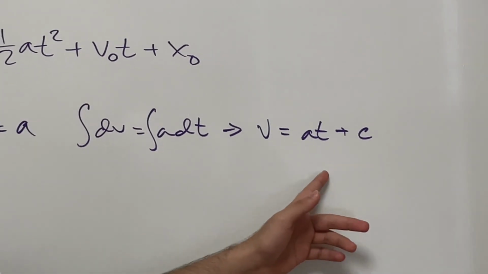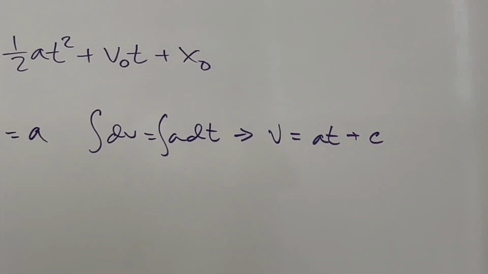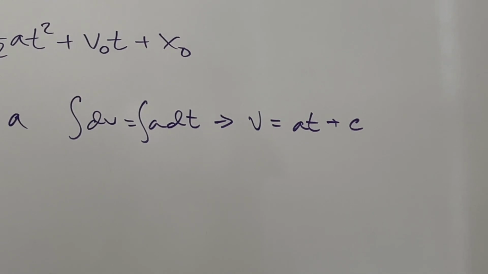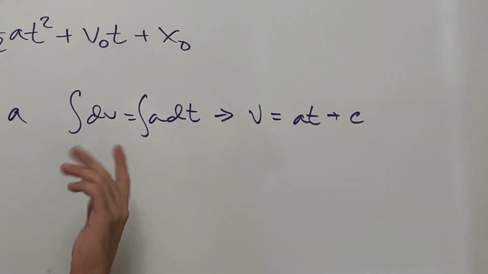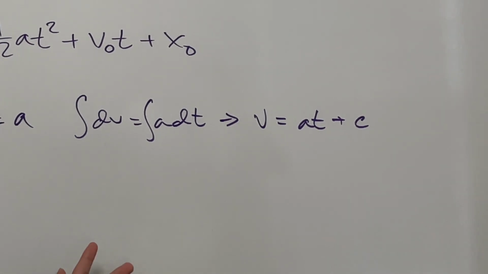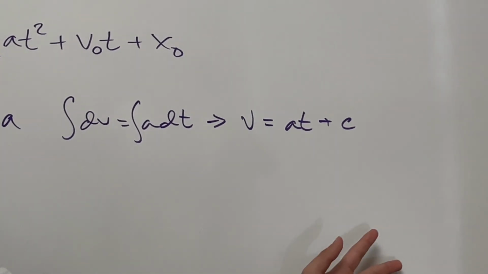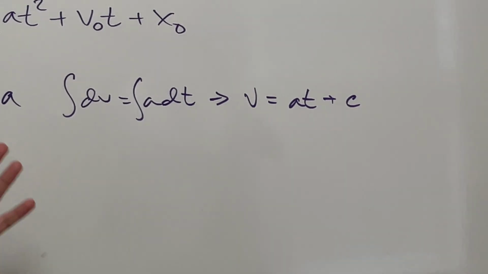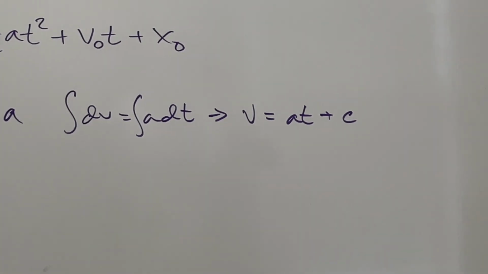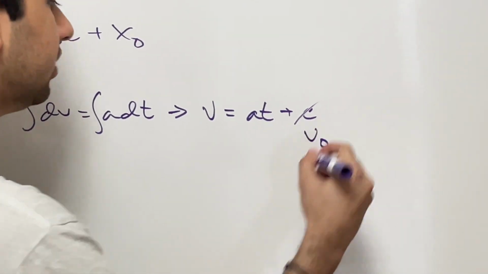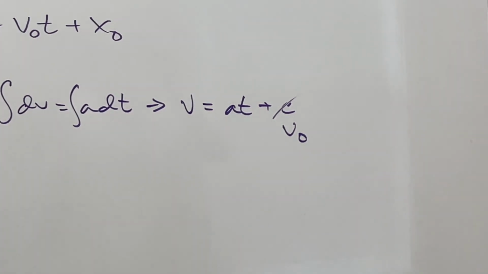When t is equal to 0, no acceleration has happened, and the object is still going at the velocity it was going at before any acceleration happened. So it's just going at its initial velocity. So we can say that c actually represents v0, v sub 0, the initial velocity.